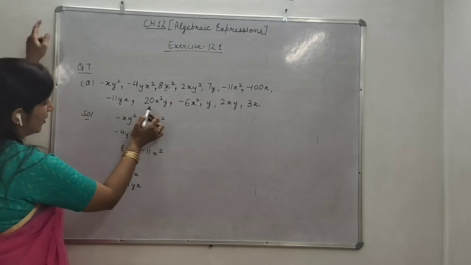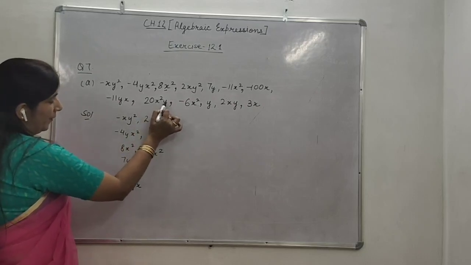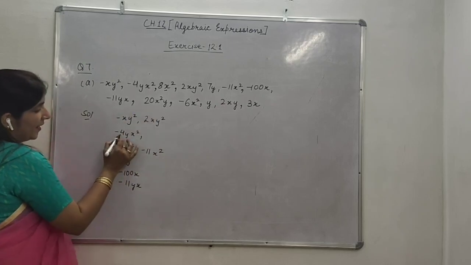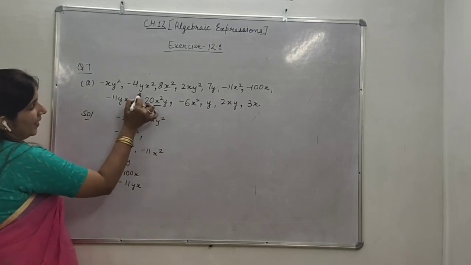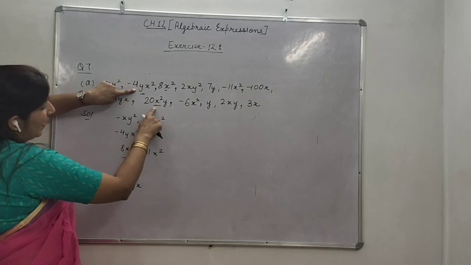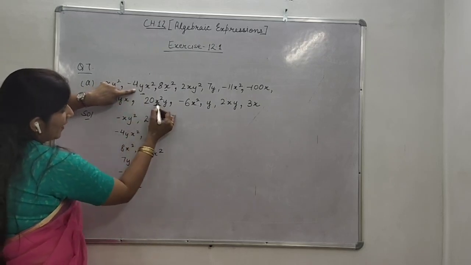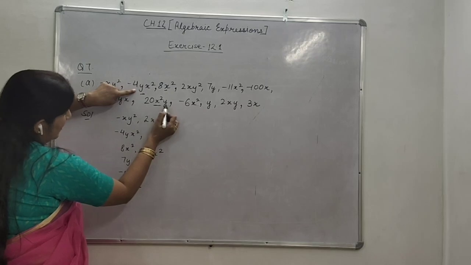Now move to the next one, that is 20x square y. X square y. Now you can see here this and this. Now one more thing that you need to understand with this is, here x square is written first and y is written later.